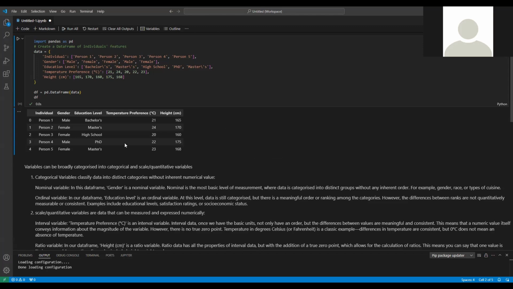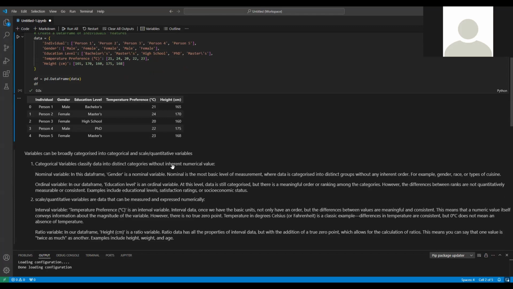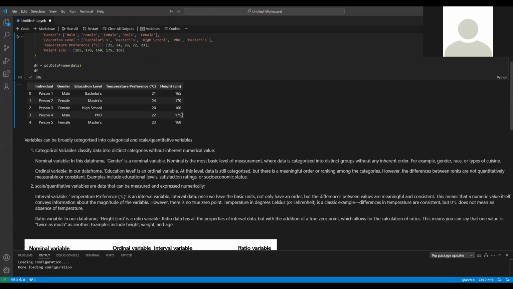On the other hand, as you could tell, for the other two variables, preferred temperature and height, in each cell there's only a number. We're using simple numeric values to tell you the information about each person's preferred temperature and height. These two kinds of variables can be called scale variables or quantitative variables.